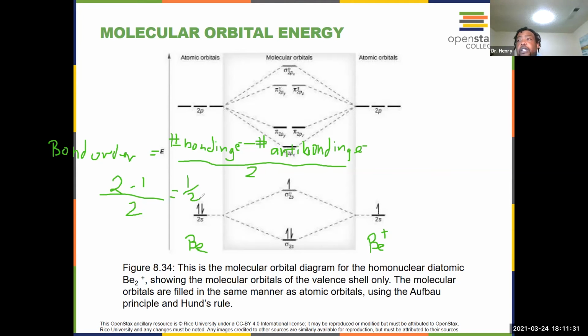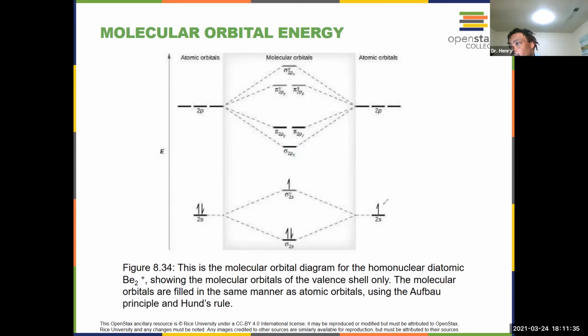Okay, so let's look at beryllium. So now we have Be over here, Be over here, and then this guy here in the middle is going to represent our molecule. So I'm going to save us some time. If we take 1 from each one, we end up with bonding and anti-bonding.